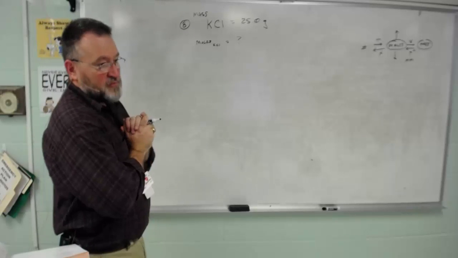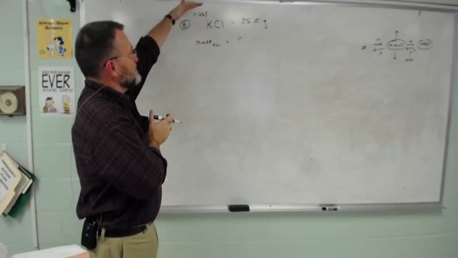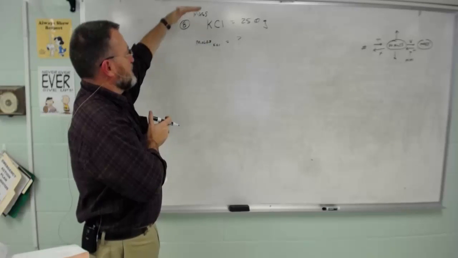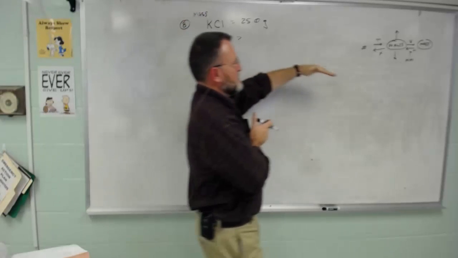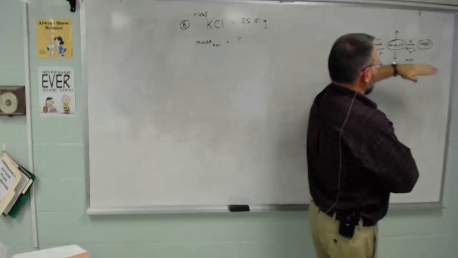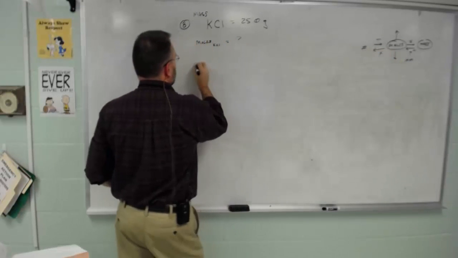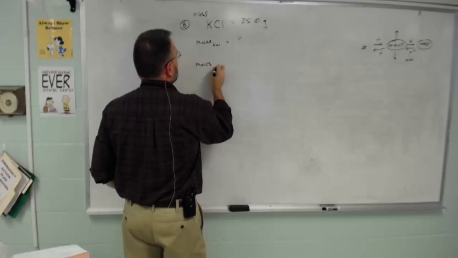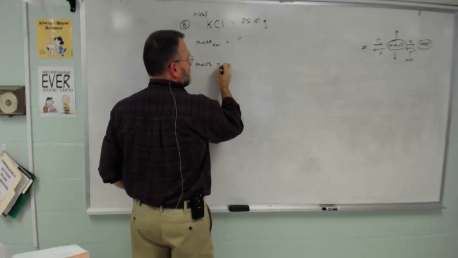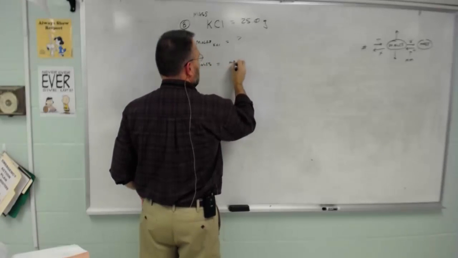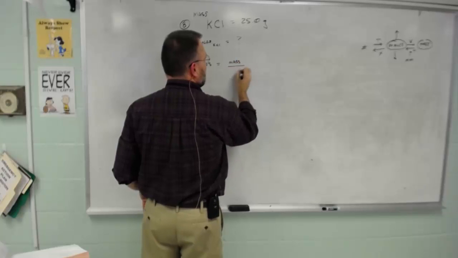If you remember from our bridge diagram, we're going to be using the same kind of relationship, mass to moles. In this case, we have a mass, and we're going to moles. So moles is equal to mass divided by the molar mass.